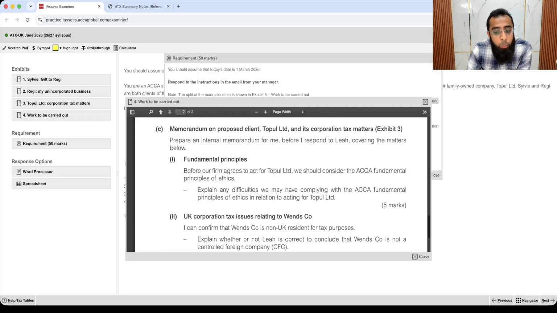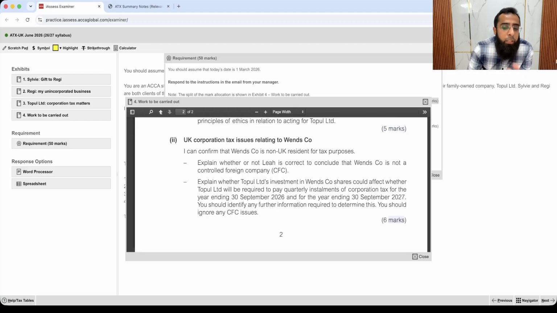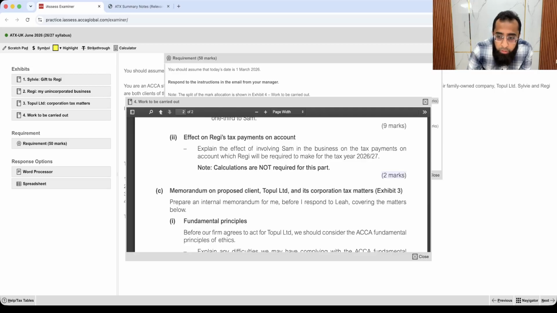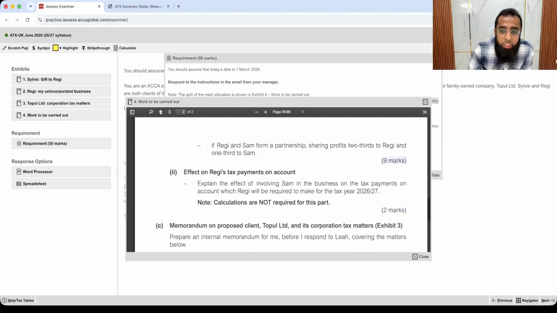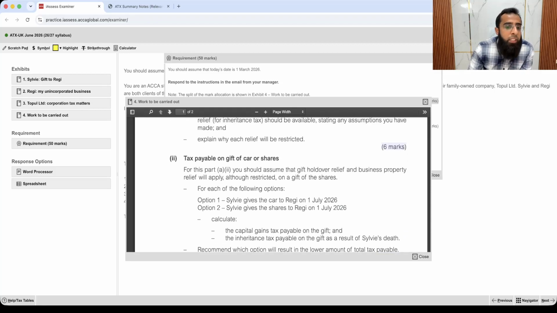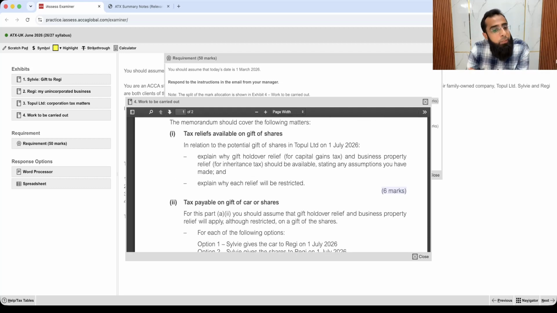Then plus 2, 31. Then plus 5, 36. And then I think 34. And then total 40 marks. So 6 plus 5, 11, 11 plus 2, 13, 13 plus 9 is 22, and then 22 plus 12 is 34, and then 6, 40 marks. So you will attempt requirements of 40 marks only.